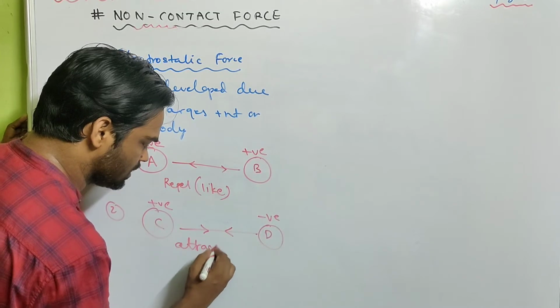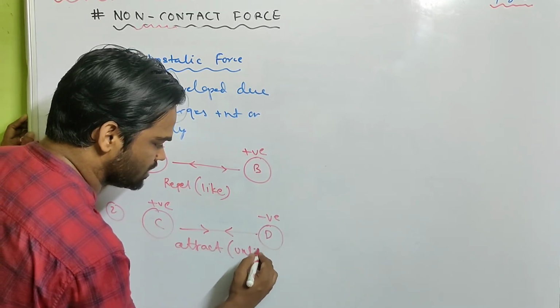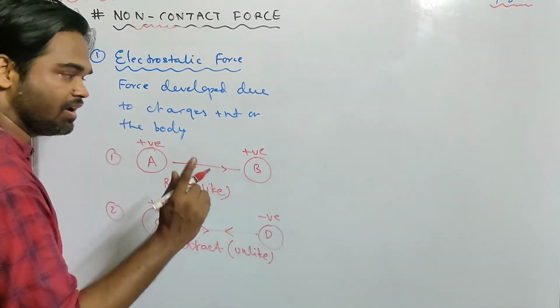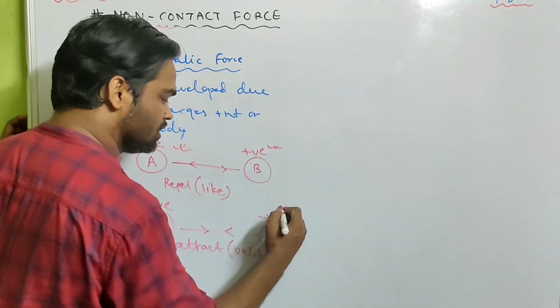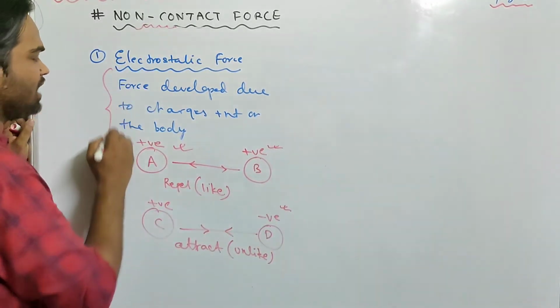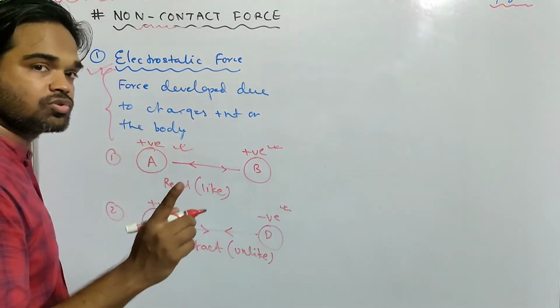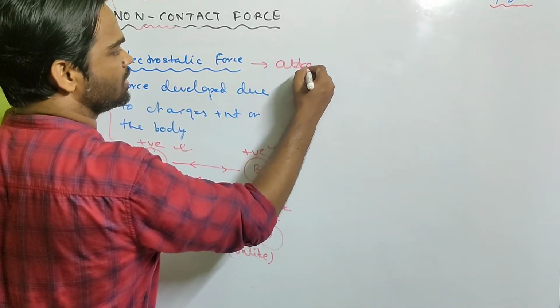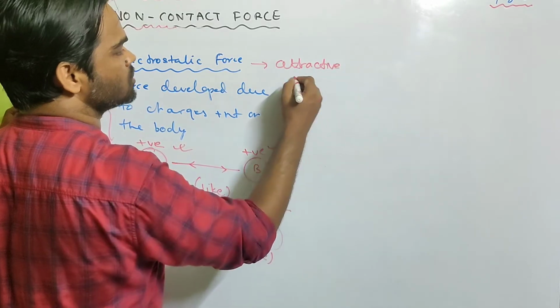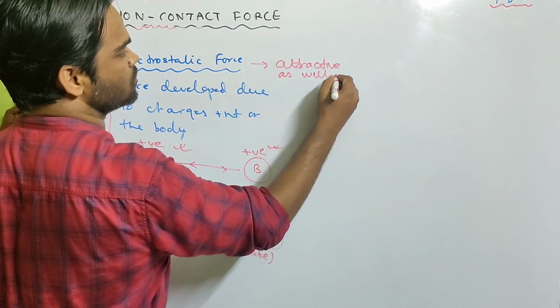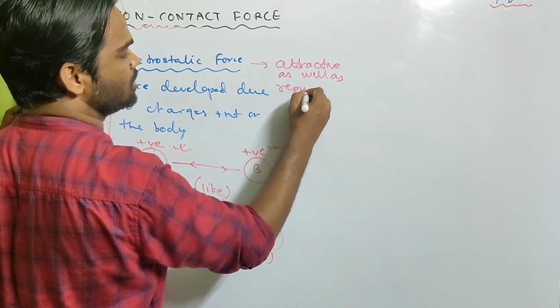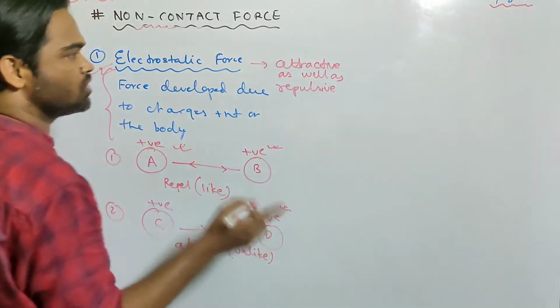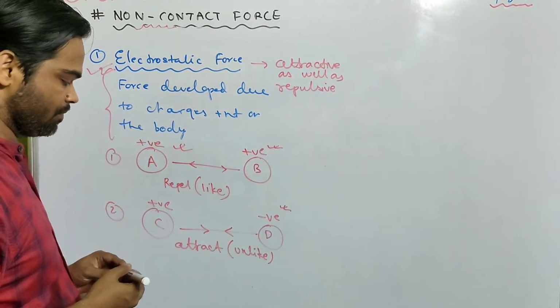They attract each other due to unlike charges, which means the force is developed due to the charge present on the body. That force is known as electrostatic force. It can be attractive as well as repulsive, because in gravitational force it was always attractive.